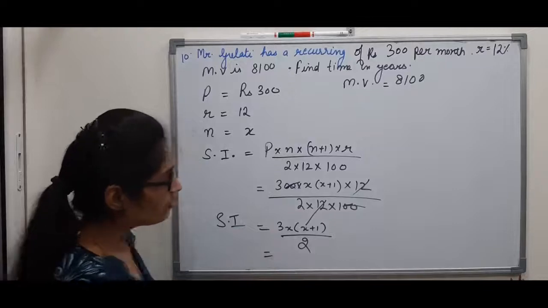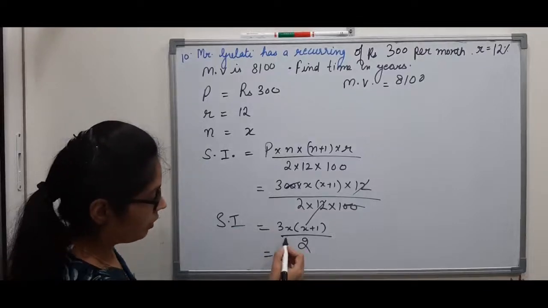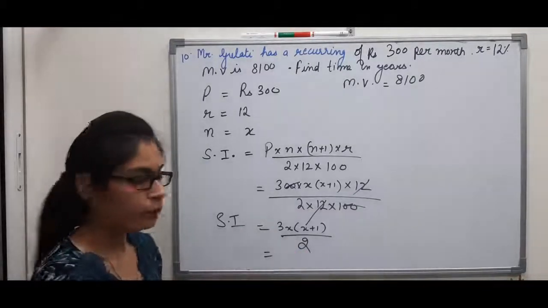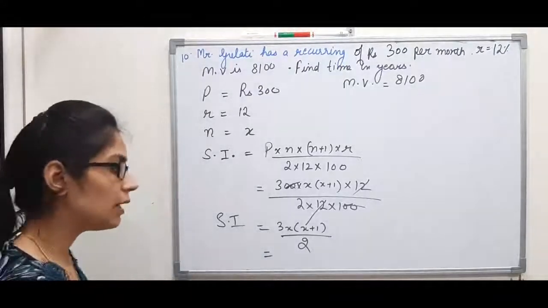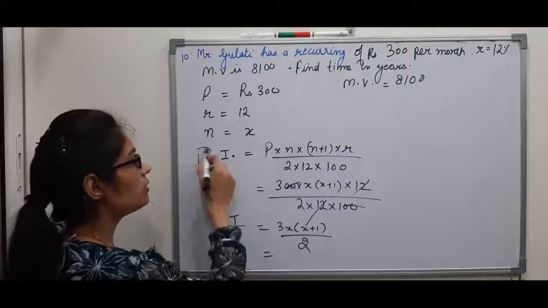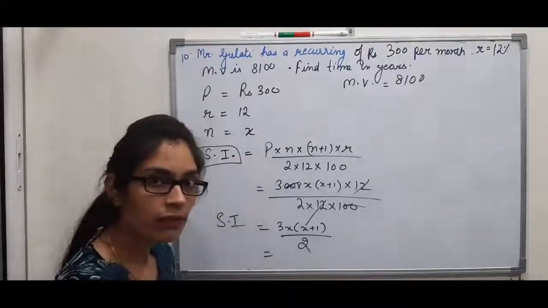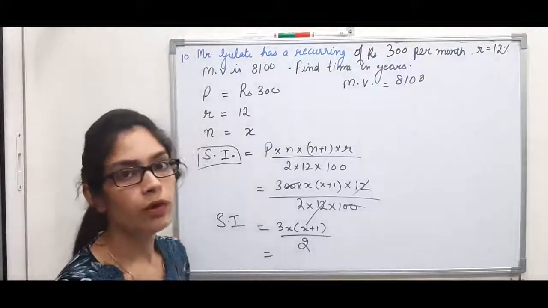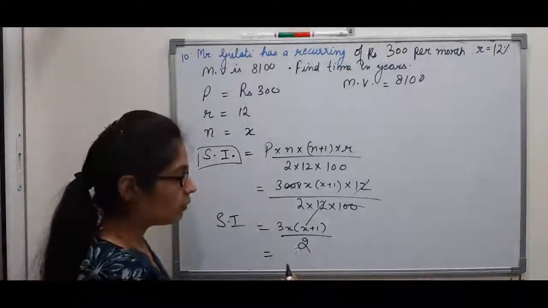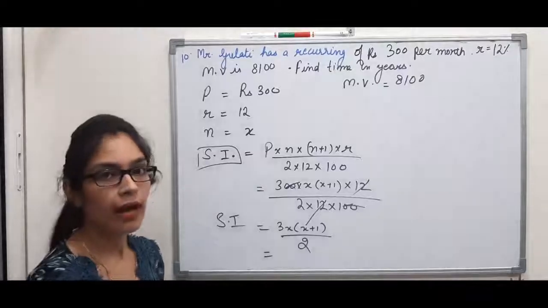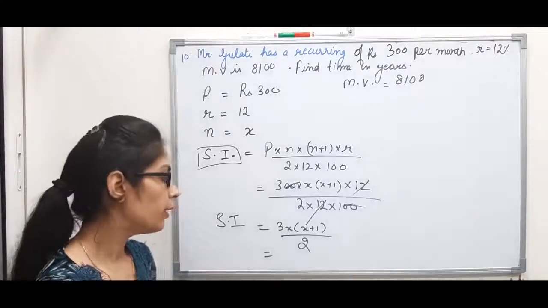But don't worry, just try it. Steps will be the same, whether it be a decimal number, a fractional number or any other number. First simple interest, blindly we have to do, then your maturity value. Nothing will change. Only the calculations are a little bit complex, so I recommend you practice more and more.